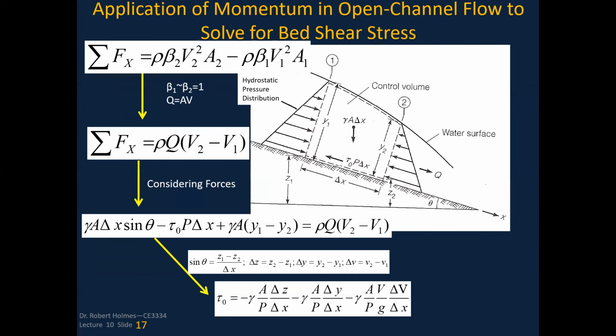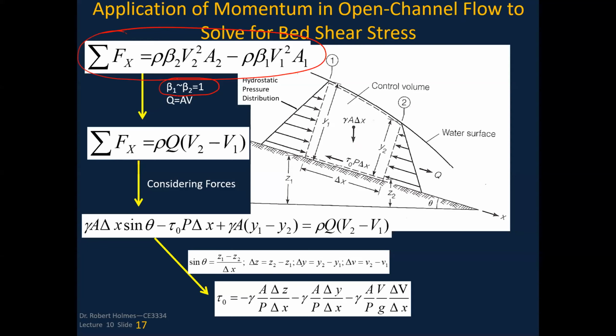I've just transferred that equation to this slide, and what I'm doing is making a simplifying assumption, just in this particular case, that the Boussinesq coefficient is equal to 1, which says that the mean velocity does a fairly decent job of being used to calculate the momentum.